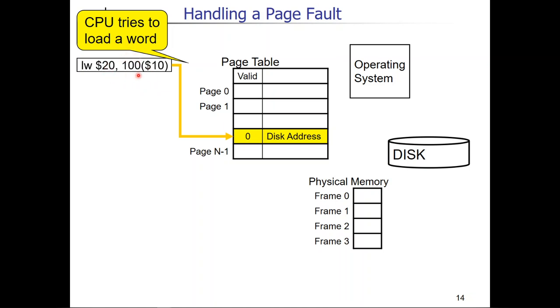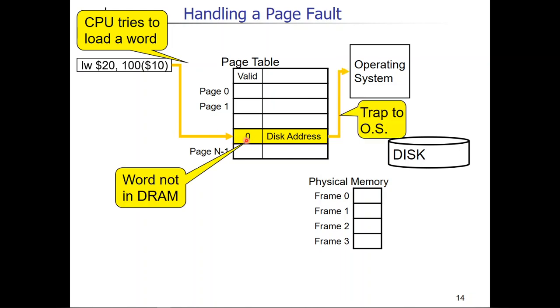So we need to access the memory for that, and we have to look at the corresponding page number in the page table, and it turns out that it is absent. The valid bit is 0 for that page number.